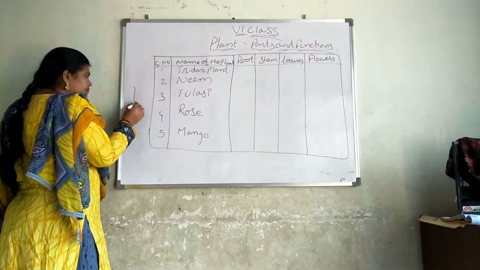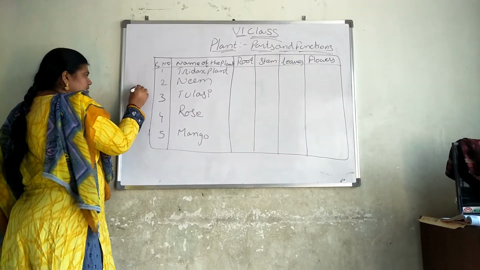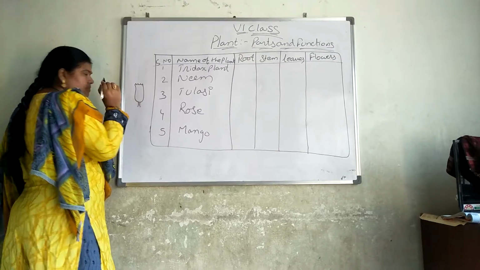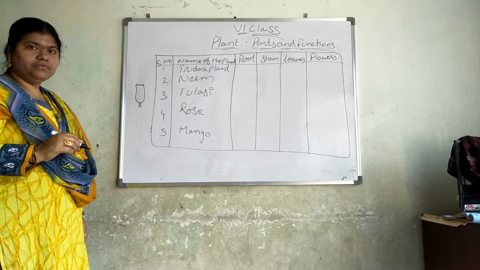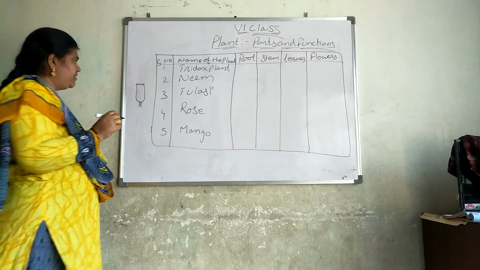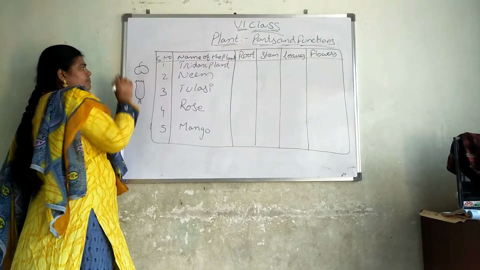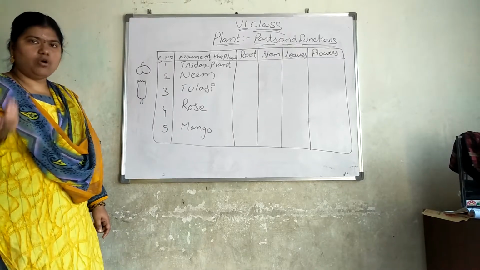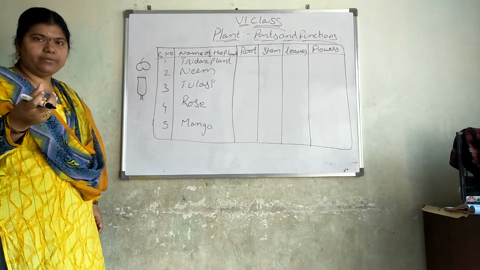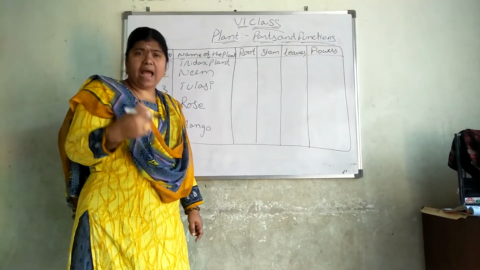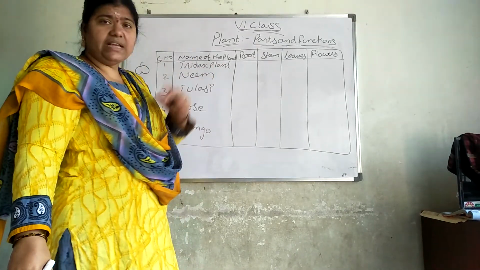See here, it looks like this. This is the flower, with a good smell. The fruit will be in this shape. It looks like a small capsicum, but the fruit will be very hard. Tridax means ganneru.